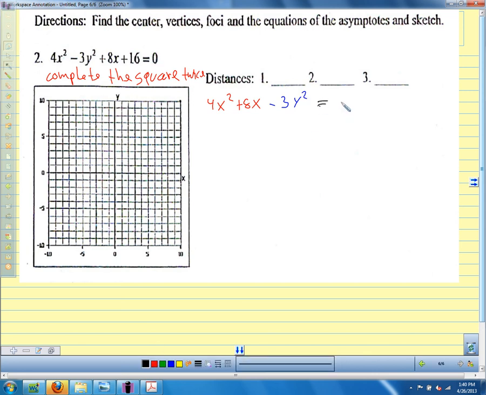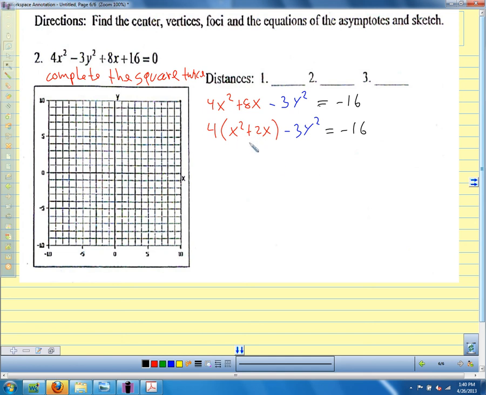Subtract 16 from both sides, equals minus 16. Well, this one is nice because I only have this 3y squared, so I don't really have to complete the square here. I only have to complete the square on the red part. So the first thing I'm going to do is factor out this 4. And then I have minus 3y squared, and I'm just rewriting this, equals minus 16.